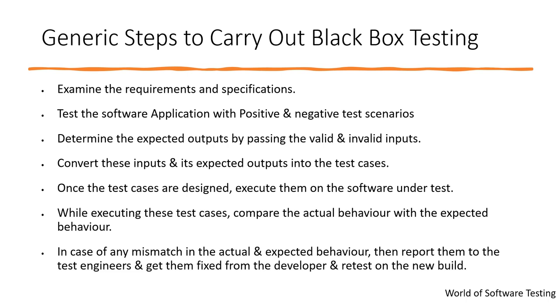For example, if a text box takes only alphabets, then if we try to put numbers or special characters, it is termed a negative or invalid input, which should not get processed. And if we put alphabets only, then it is a valid input and it should get processed, which is termed a positive scenario.